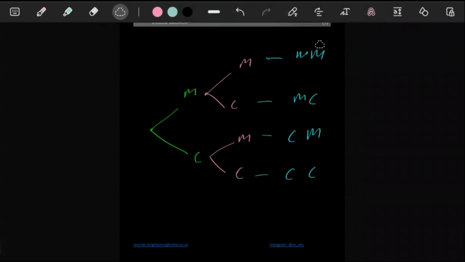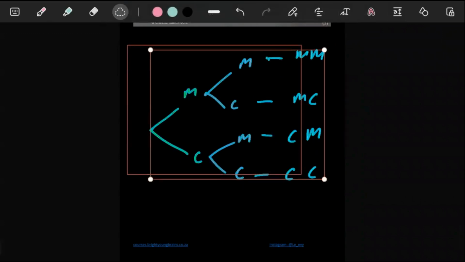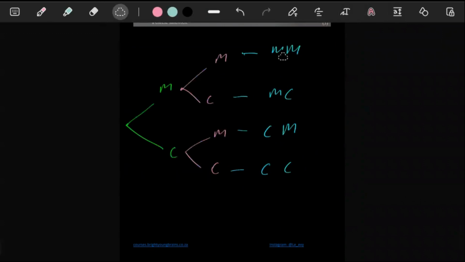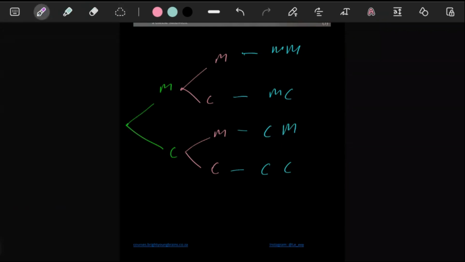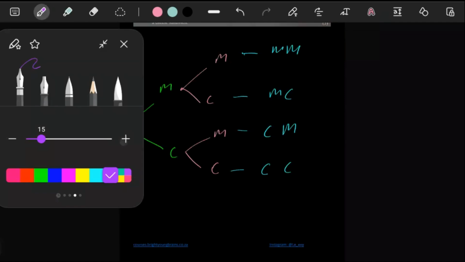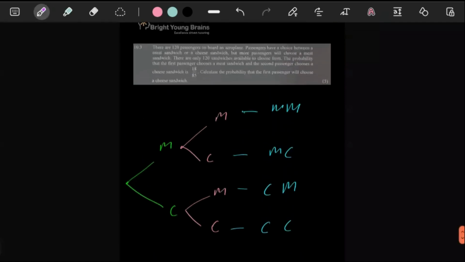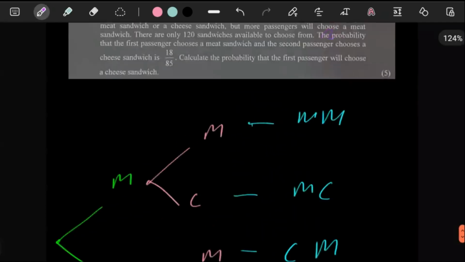They are both either going to choose meat or both choose cheese. The first one is either going to choose meat and then the second one cheese, or the first one chooses cheese and then the second one meat. These are the outcomes.